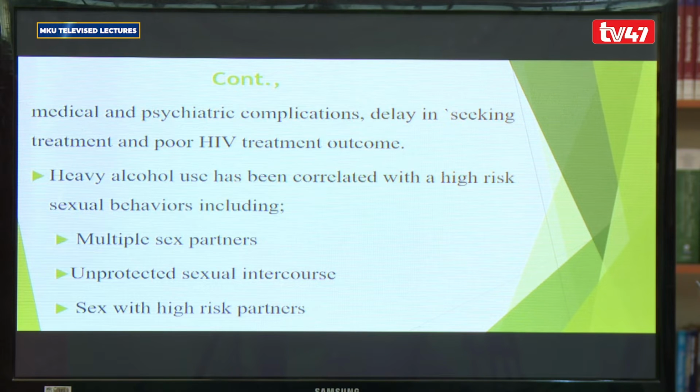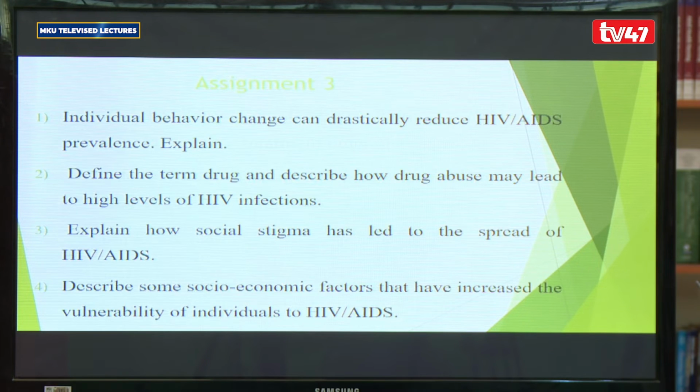Heavy alcohol users have been correlated with a high risk of sexual behaviors, including multiple sex partners, unprotected sexual intercourse, and sex with high-risk partners, because they may not have the proper mind to make the decision.